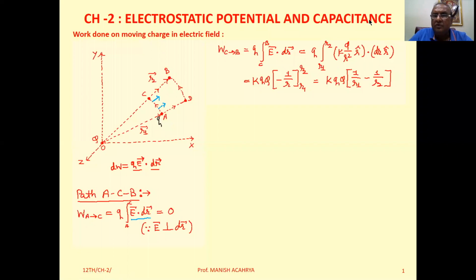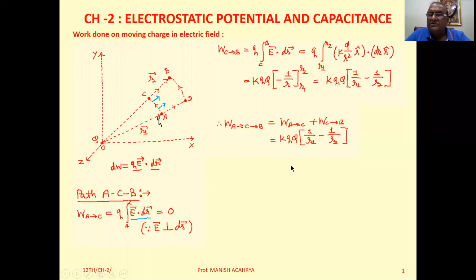Clear to all of you? So the total work done on moving charge small q from A to B on the path A to C, then C to B, is the work done on the path A to C plus the work done on the path C to B. But A to C is 0, and C to B we derived here.